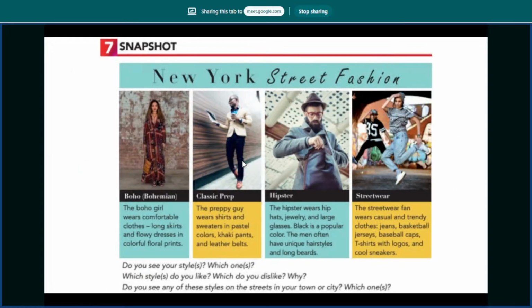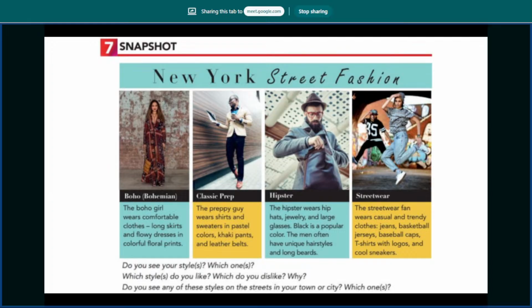Okay, next. Over here we have different types of fashions or styles which are given. The first one is New York street fashion ki hum baat kar rahe hain. The first one is bohemian. Usually the bohemian girls wear comfortable clothes, say long skirts and flowy dresses in colorful floral prints. Then we have classic prep, jo hum formals bolte hain. Here we wear shirts and sweaters in pastel colors, khaki pants and leather belts.